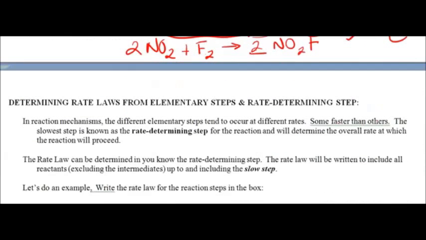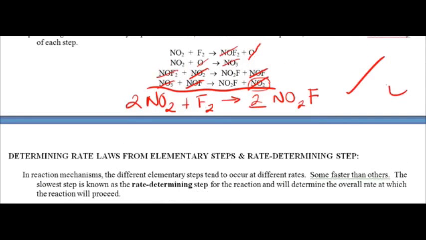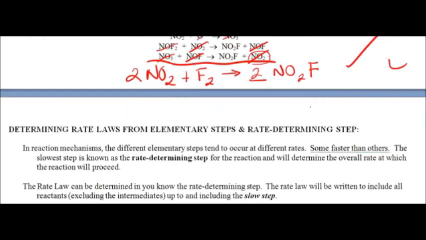All right. Determining the rate laws from the elementary steps and the rate determining step. Now up here, I didn't tell you which reaction or which step was fast and which one was slow and so on and so forth. I just gave you all the intermediate steps, and I wanted to know what was the balanced equation.